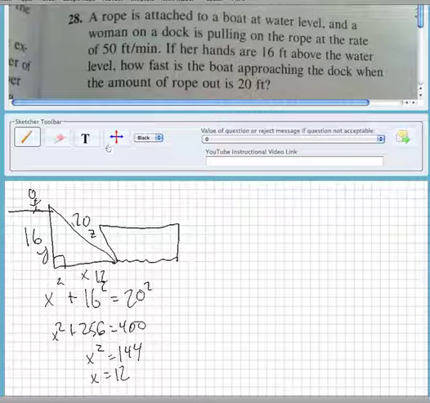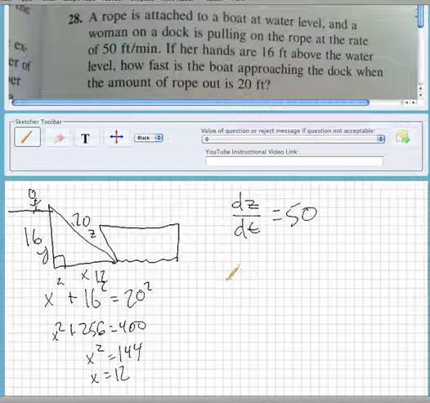We also know that the rate at which the woman is pulling the rope is 50 feet per minute. So we know that dz/dt equals 50. Now we want to find an equation that puts x and z, the two things that are changing, into a relationship.